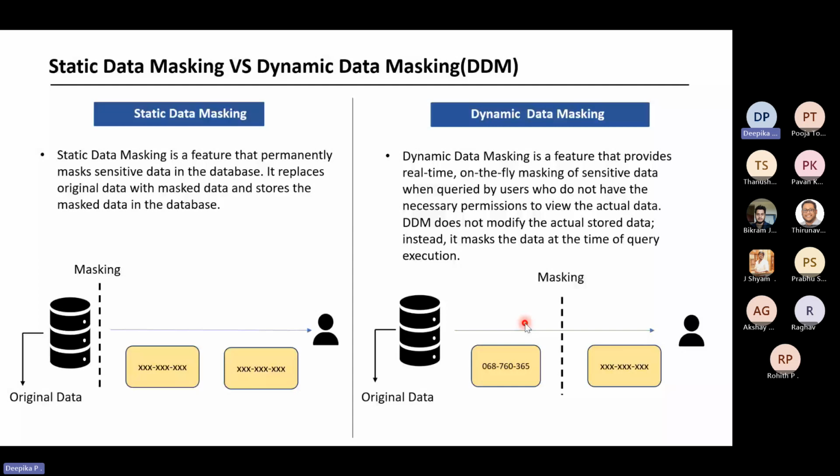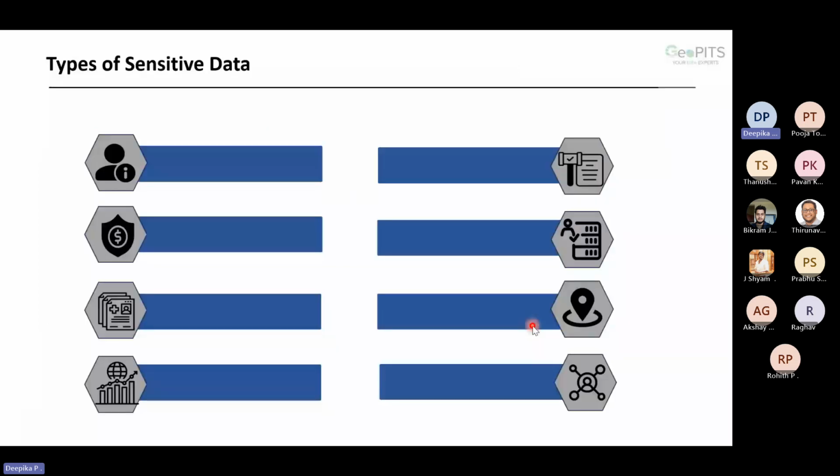Now let's move on to the types of sensitive data. Being aware of the types of sensitive data, we can pick the suitable masking technique for the respective data. The first one is personally identifiable information. It includes any information that can identify an individual, like name, phone number, email, address.